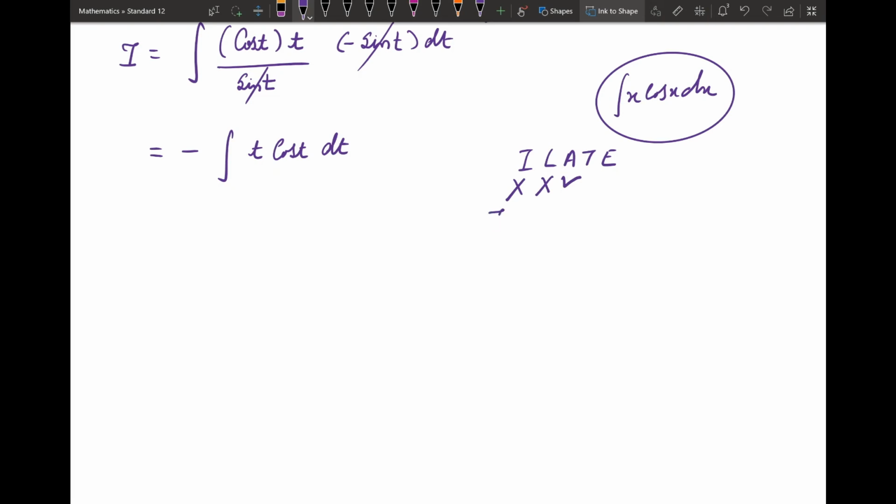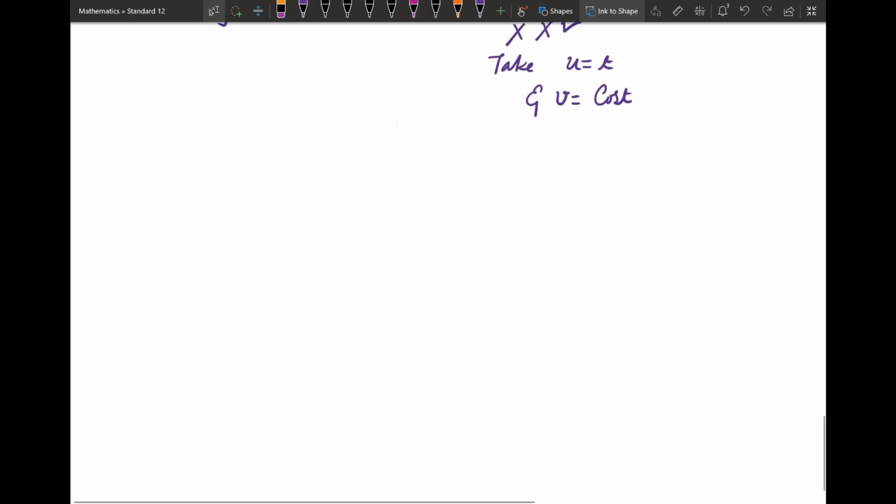So take u equal to t, and v equal to cos t, and integrate by parts.